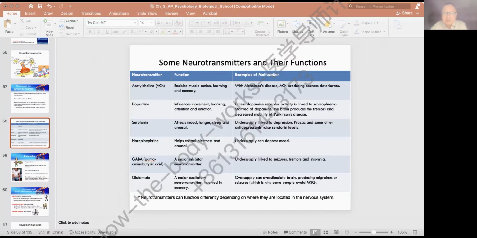If you feel migraine from time to time, should the person be recommended to use glutamate or MSG? No, I don't think so.